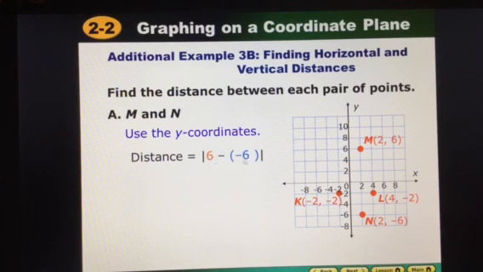If you do 6 minus negative 6, that's like 6 plus 6, which is 12. The absolute value of 12 is 12. If we had done negative 6 minus 6, that's like negative 6 plus negative 6, which is the absolute value of negative 12, which is also 12. Because the absolute value is always positive.